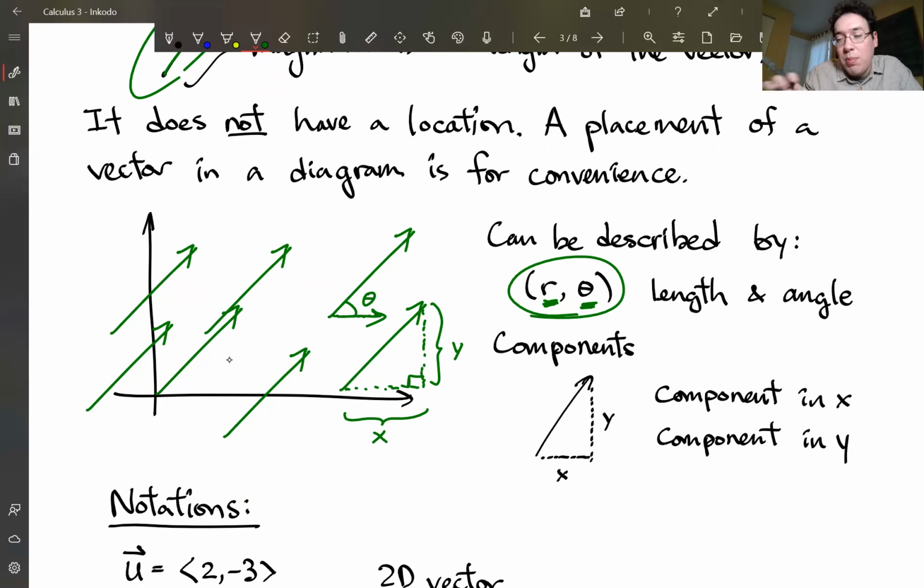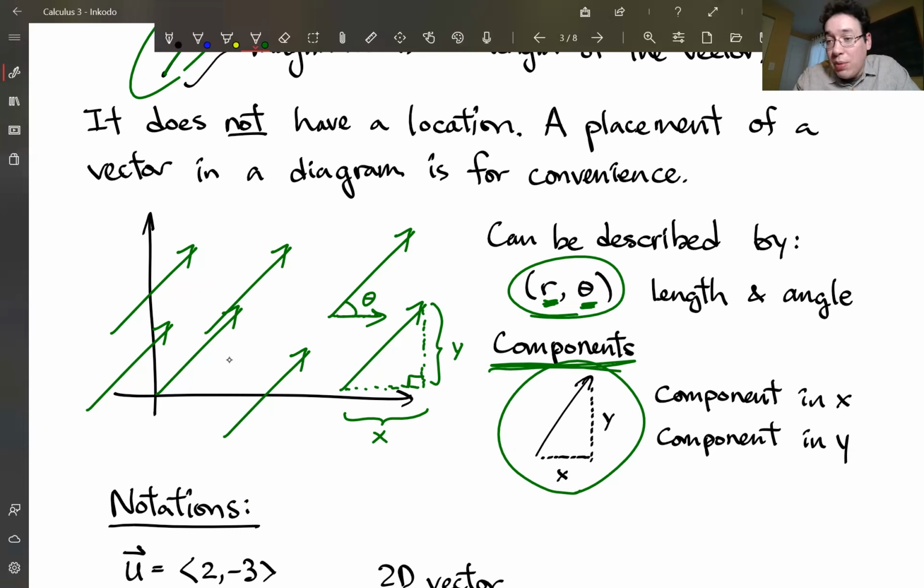So you break it up into components going in the x direction and the y direction, and write it that way. That also captures the same information. A lot of times, I think the components form is a little easier to work with, because if you wanted to add something, it's much more convenient to have it in that form. But you are expected to be able to go back and forth between these two ways of describing a vector.